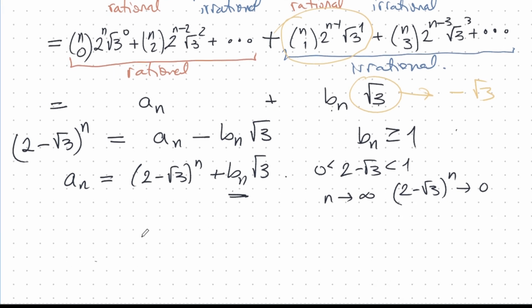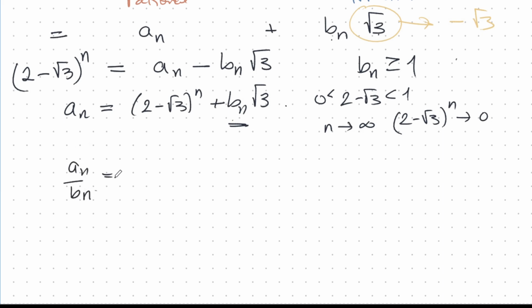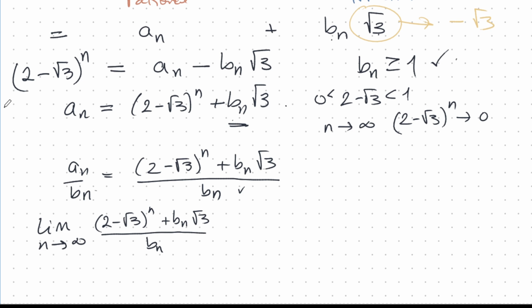Okay, watch this. Let's get some more room like this. So an over bn is now like so, and bn is greater than or equal to 1, so this denominator is fine. And now I can take the limit, but we saw a moment ago that this goes to 0, so this thing is going to go away. Bn root 3 over bn, and now I can cancel them.